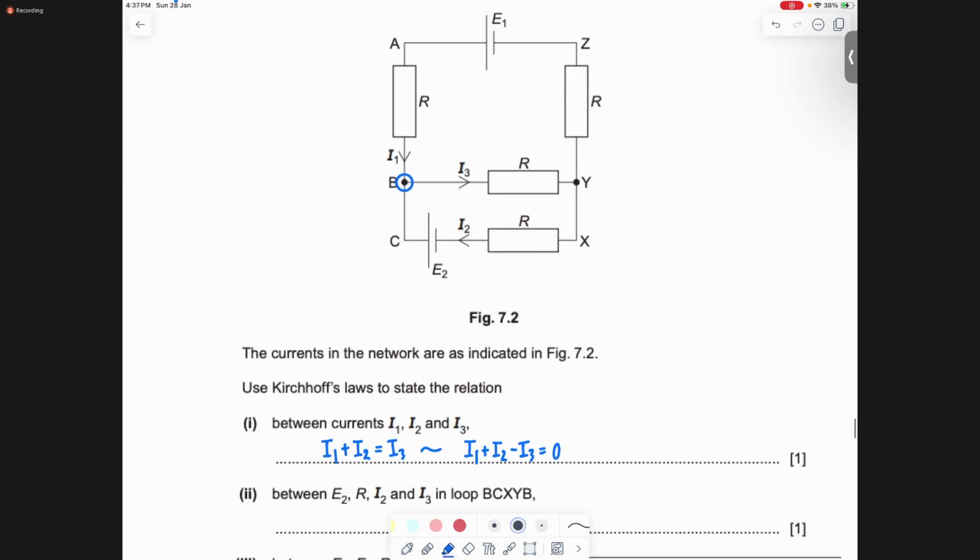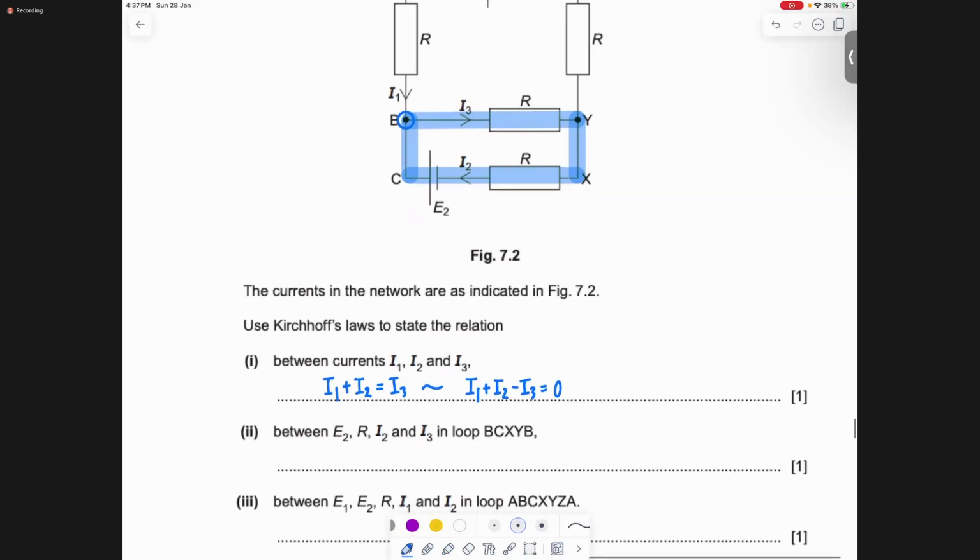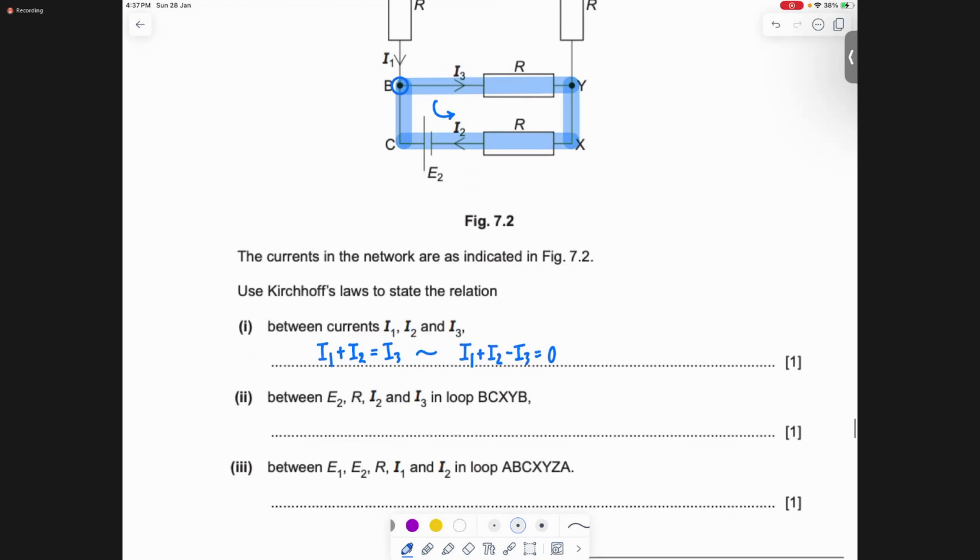BCXYB. Okay, this small loop. So for this small loop they want an equation, and do you see that they tell you with alphabets which way the loop should go, right? So their loop is going this way. So should it be positive E2 or negative E2? Yep, negative E2, so minus. I'm doing sum of EMF equals sum of PD.